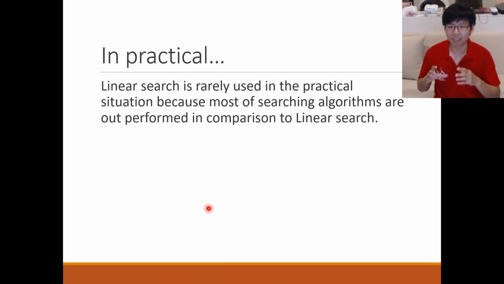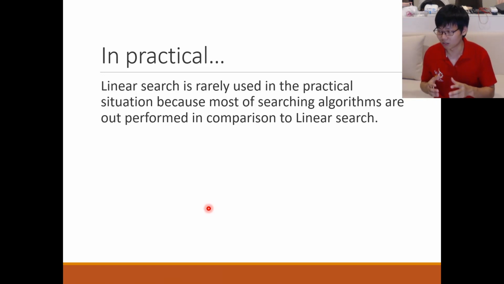If you have a data structure or array that is much longer, think about a linked list of a million nodes, or the data in Google that is contained in trees with a billion nodes inside. If you do linear search, it's going to take you forever. So there should be a better way to search for the information that you want.